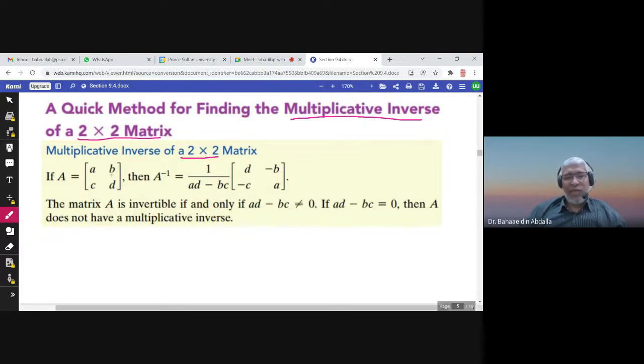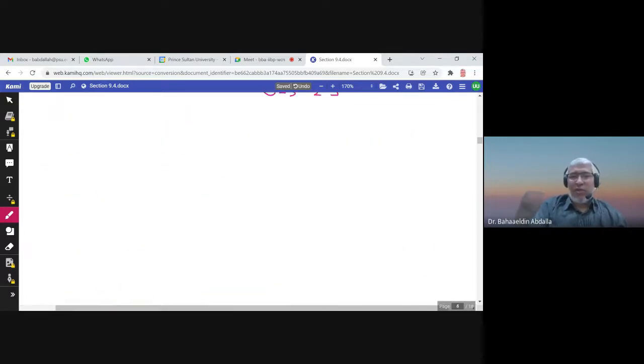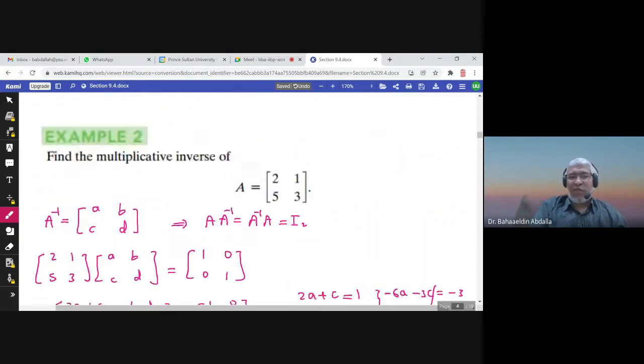B and C, you keep their positions, but you change their signs. So this is how you get A inverse if AD minus BC is not equal to 0. Because if it is equal to 0, then A inverse does not exist.